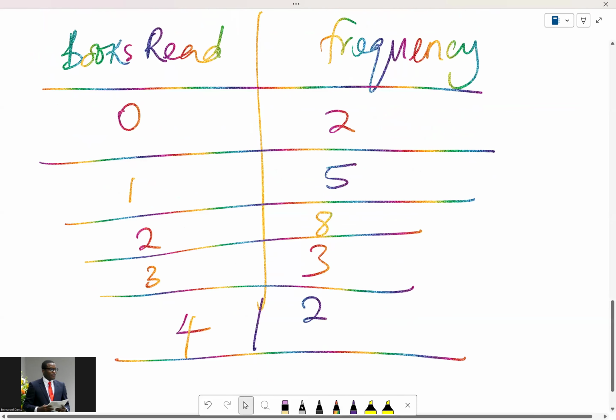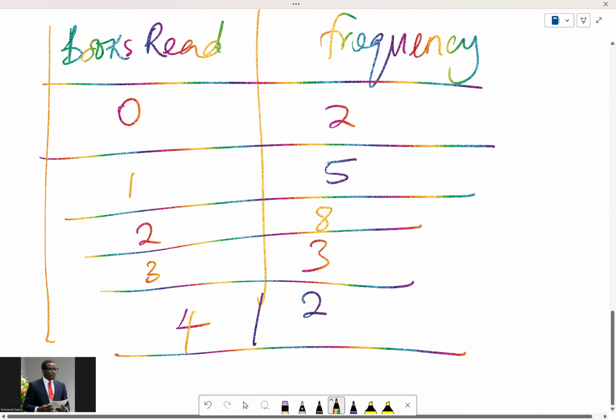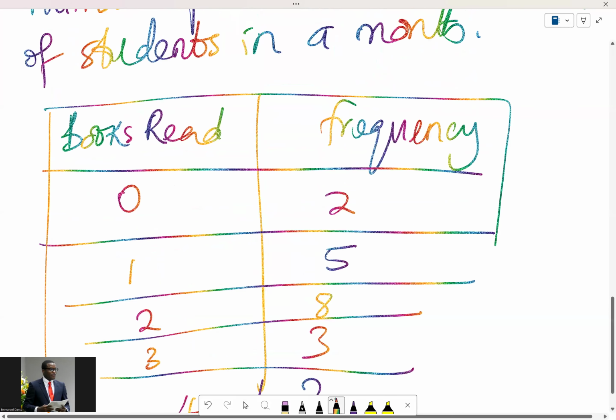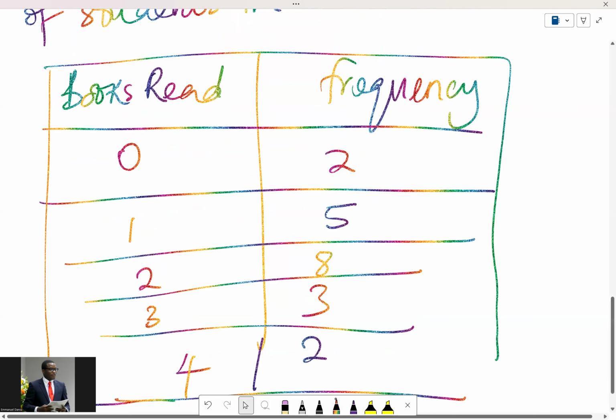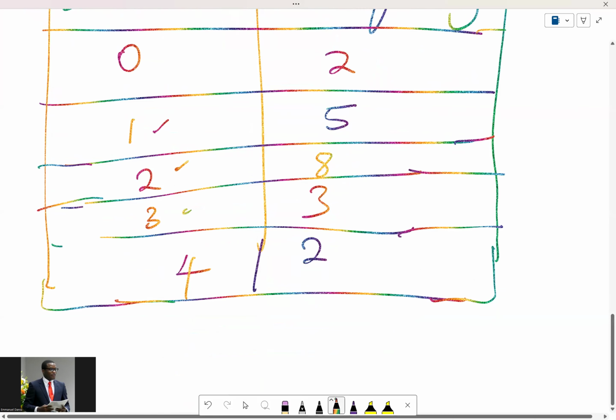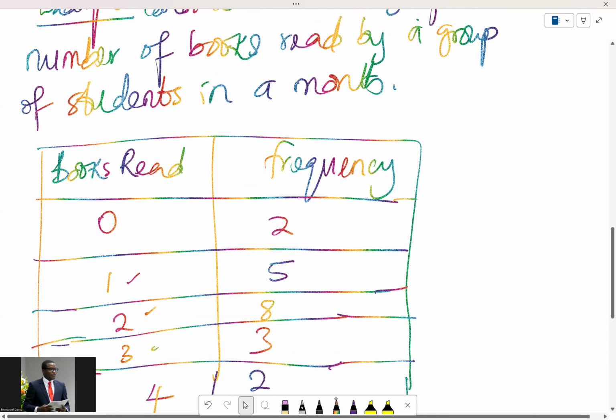So this is ungrouped data, ungrouped in the sense that the number of books is just 0, 1, 2, 3, 4. Not like 0 to 4, or 3 to 7 or something. No, just single values like this. So you have each value listed alongside the frequency.